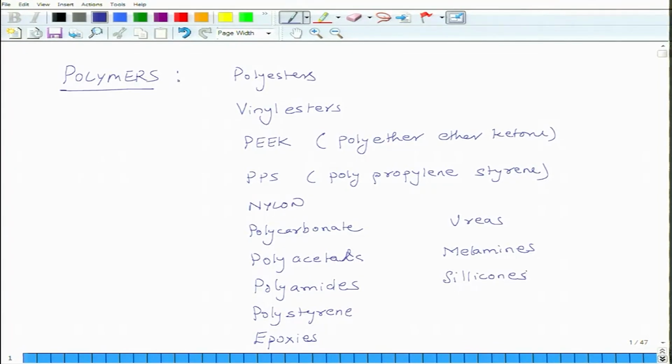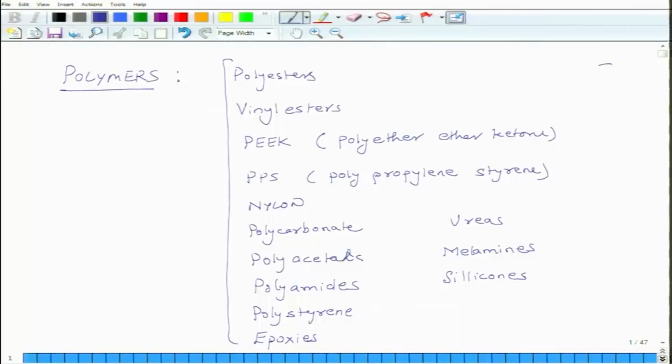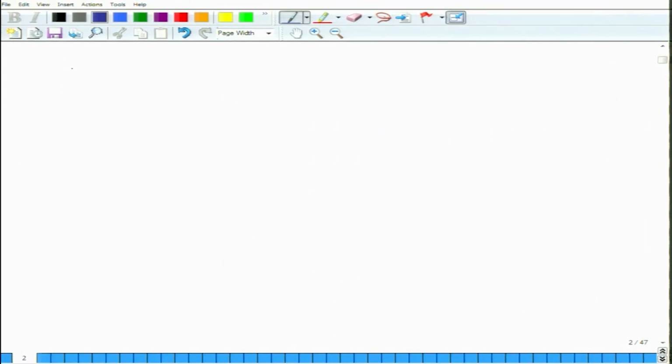So, you see that there are a large number of large categories of polymers, and it is a big wide range. Next, we look at some of the advantages and limitations if we use polymers as the matrix materials.